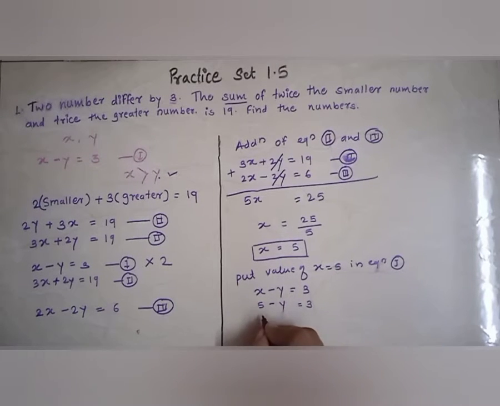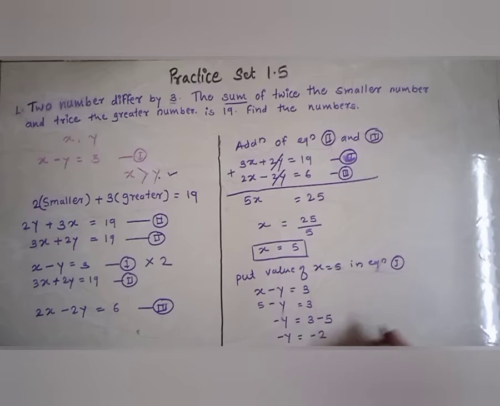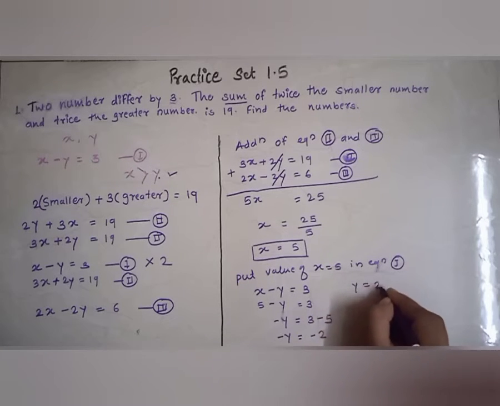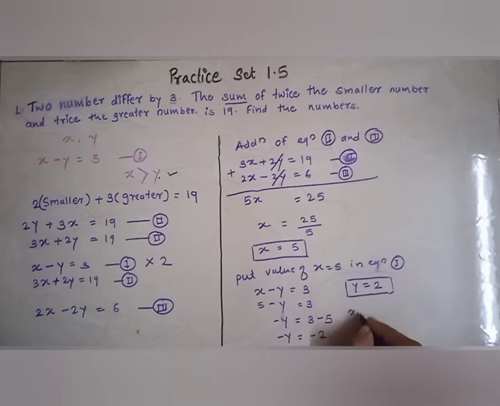Then 5 is shifted to the right side: minus y is equal to 3 minus 5, so minus y is equal to minus 2. Changing to the positive side, y is equal to 2. So the values of x and y are 5 and 2. This is our answer, the solution of the question.